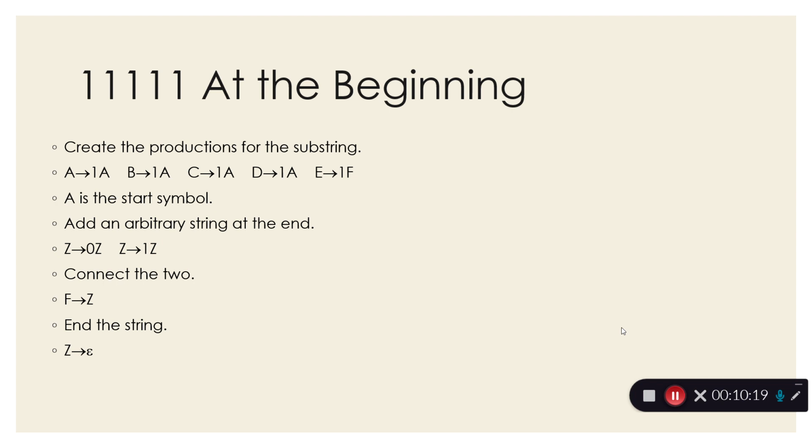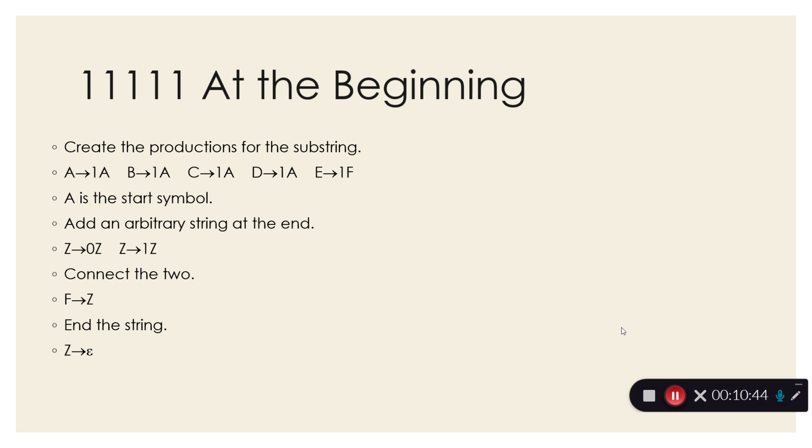And E goes to 1F. I don't know how all those typos got in there. I apologize for that. But the symbols after the one should be B, C, D, and E, not all A's the way they appear here. A is the start symbol, and the only place it should appear is on the left of that first production.